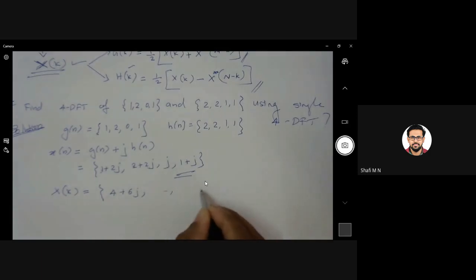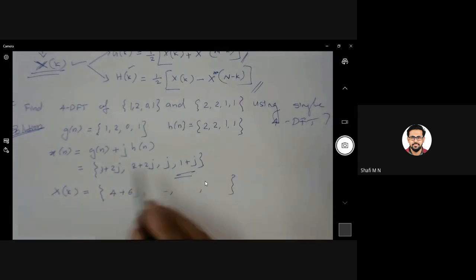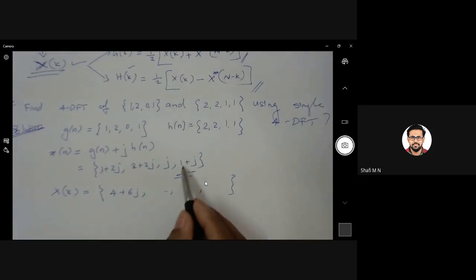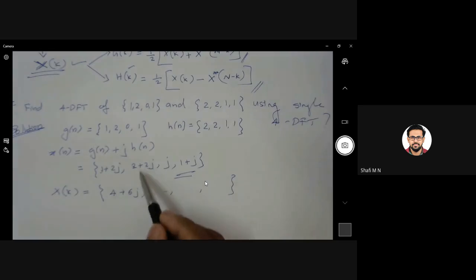In the third term, you have the shortcut. This minus this plus this minus this. So you try that. So that will be minus 2. Plus and minus will get cancelled.